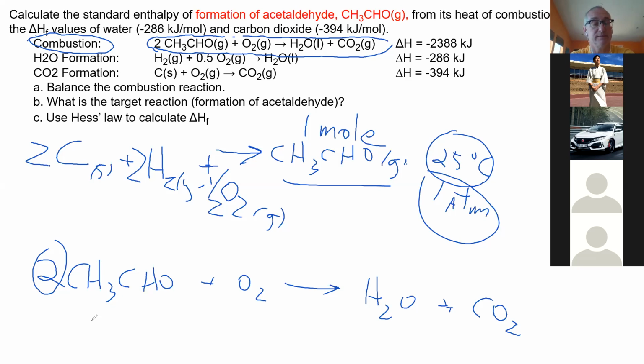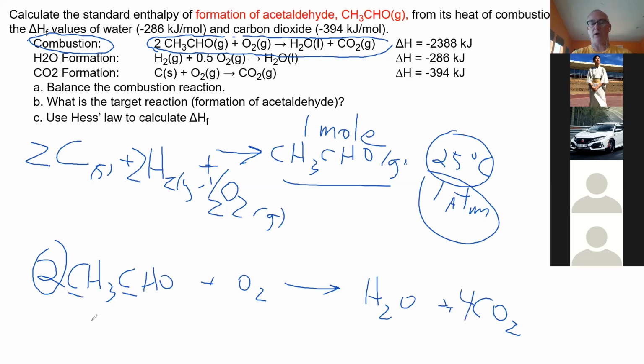It is 4. Yeah. Remember, there's 2 moles of carbon atoms in acetaldehyde. There's 1 here, there's 1 here, and we're burning 2 of them. So that means there's 4 moles of carbon. So how are we going to get 4 moles of carbon as products? You multiply CO2 by 4. Right.